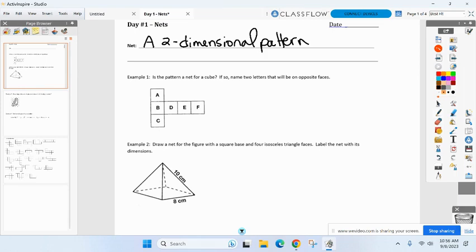What do I mean by a two-dimensional pattern? Everyone look at example 1 right below. That's a two-dimensional pattern. So this is a net right here. But that two-dimensional pattern can be folded to form a three-dimensional object.